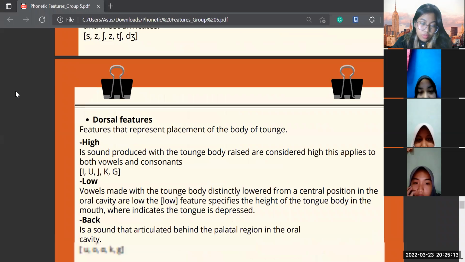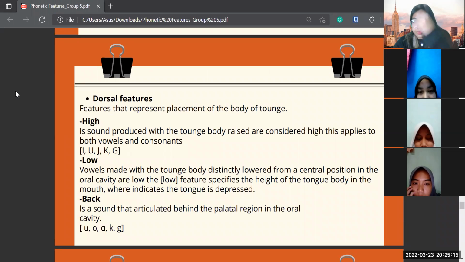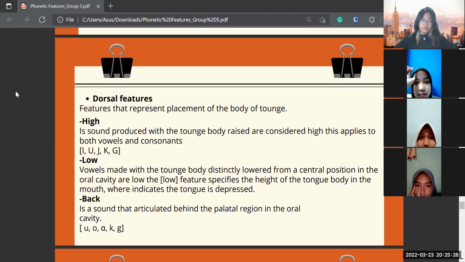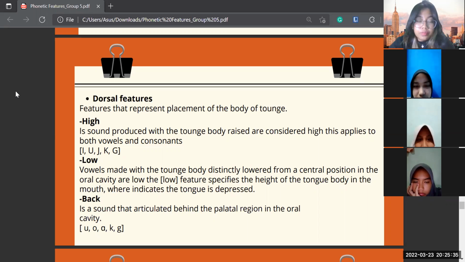Next slide, please. Next is dorsal features. Features that represent placement of the body of the tongue. High: sounds produced with the tongue body raised are considered high. This applies to both vowels and consonants. For example, I, U, G, K. And then there's low.